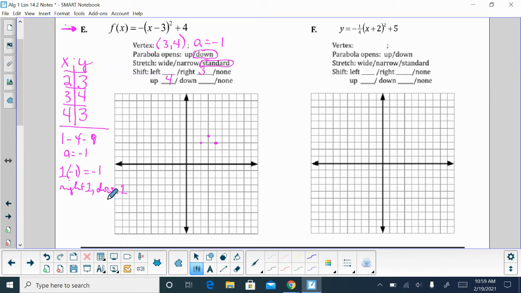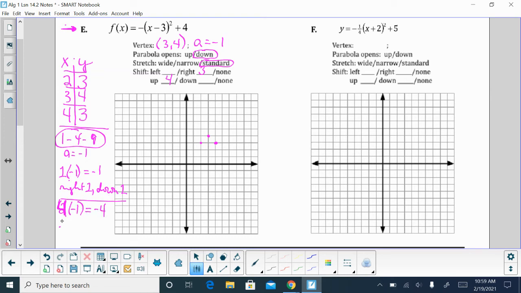Now the next part of the 149 says the next step is when we take 2 times our a value. Oh, sorry, I made a mistake already. That's supposed to be a 4. My bad. 4 times my a value, I get -4.